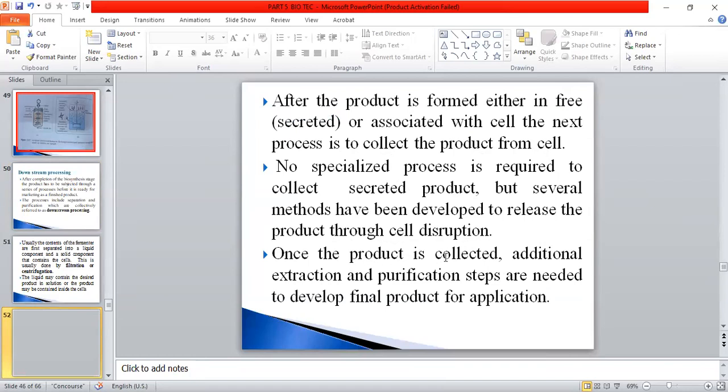Once the product is collected, additional extraction and purification steps are needed to develop the final product for applications. They will not use it directly after the commercial preparation. They also undergo further purification and extraction before applications. So that is very, very important, my dear students.